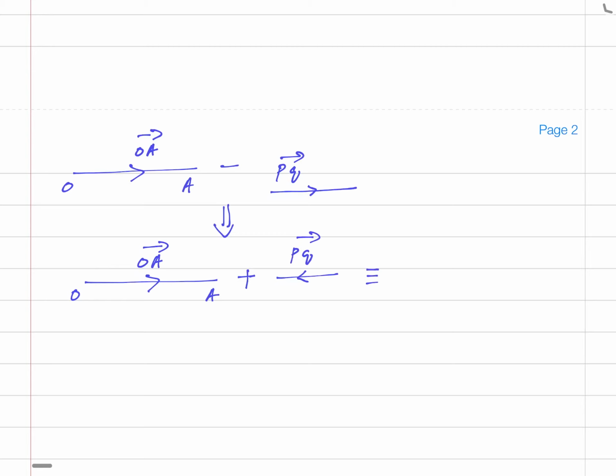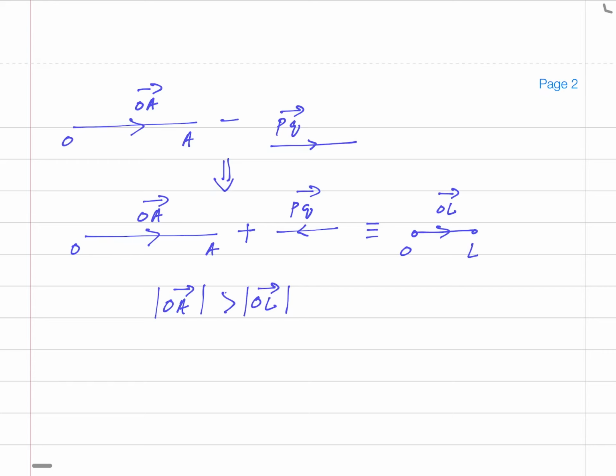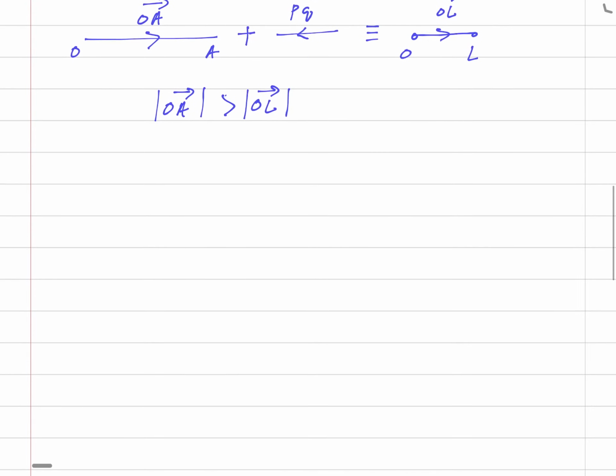So that would be a vector, let's say OL, this way, OL vector. So what we know from here is that the magnitude of the OA vector should be greater than the OL resultant vector because of that minus. So this is how we play with the vectors.